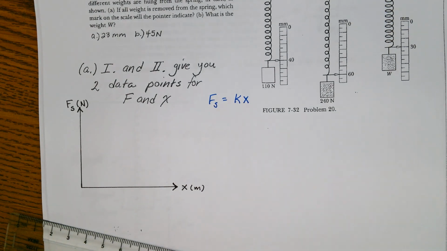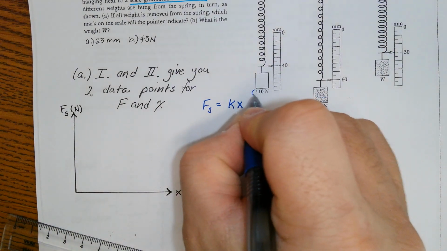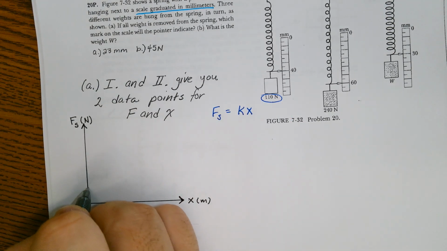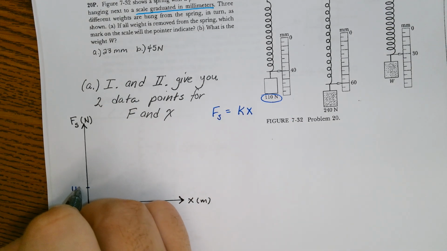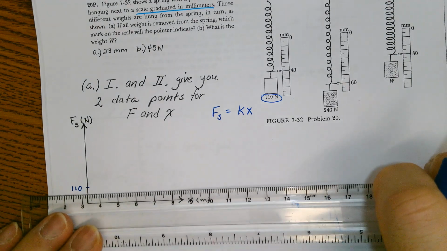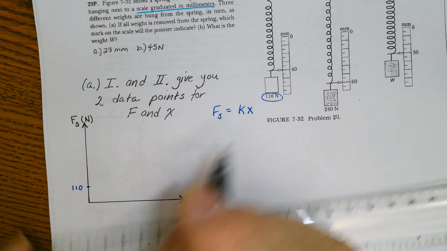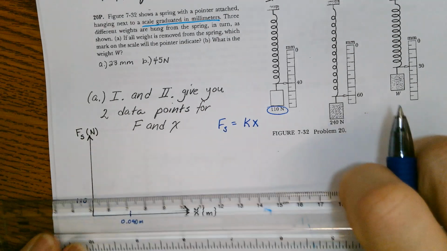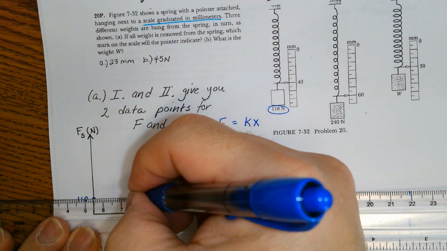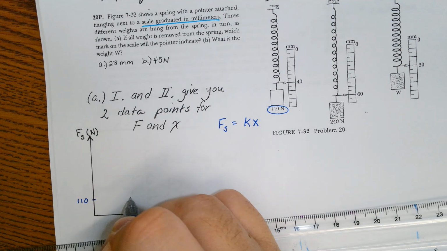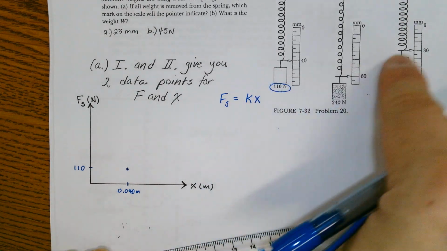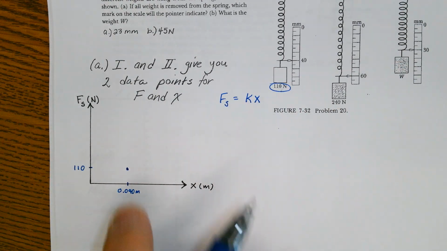If I take a look at the first one, when I apply 110 newtons of force onto this spring, it moved out to 0.040 meters. So here is where the first scenario of that spring is.